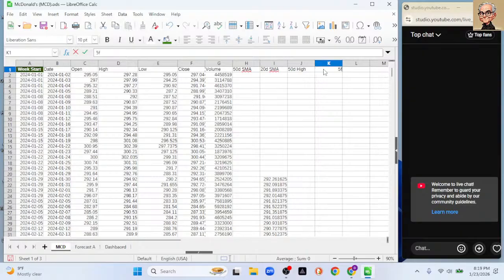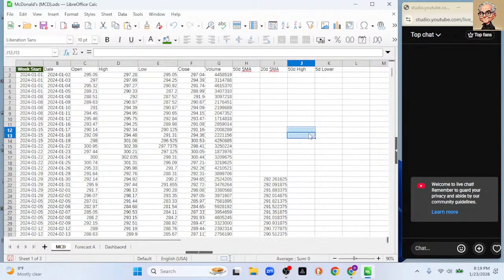This is another one you'll see every now and then. Different people use different channels to kind of look at the data. Some people even go like 100 moving average, and they'll say, well, as long as it's above the 100 moving average, that's a good sign.